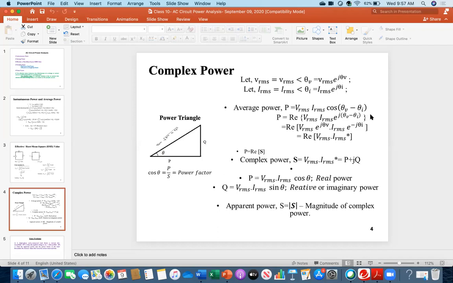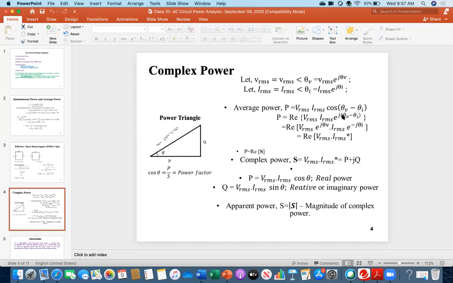Yes. Great. Okay, then now move forward. So I have real of VRMS IRMS. Now everybody see, I am decomposing it into two components. One is e to the power j theta V multiplied by e to the power minus j theta I, using the exponential rule.